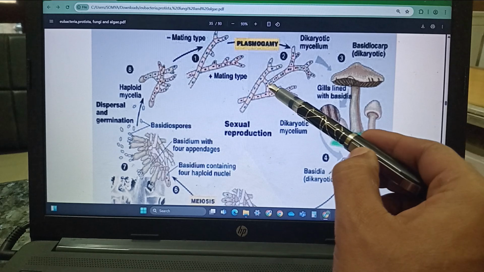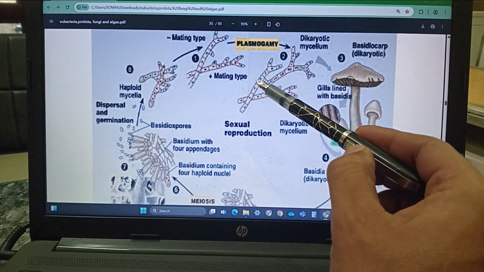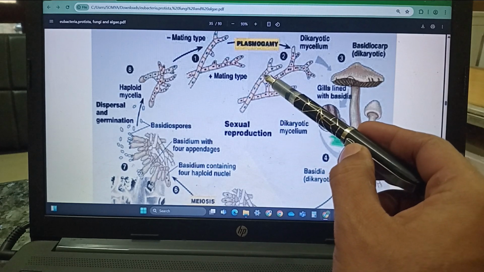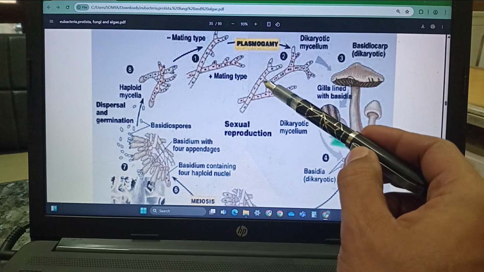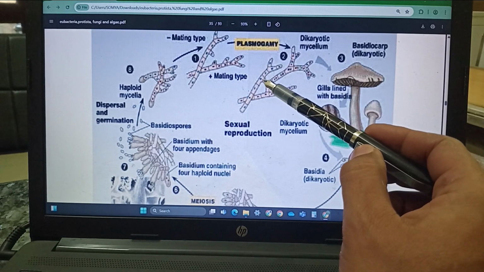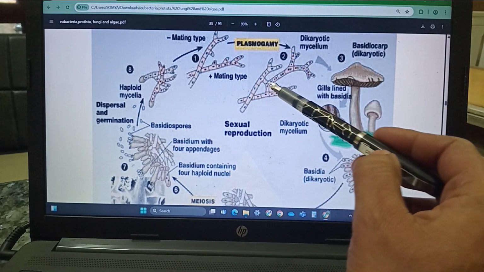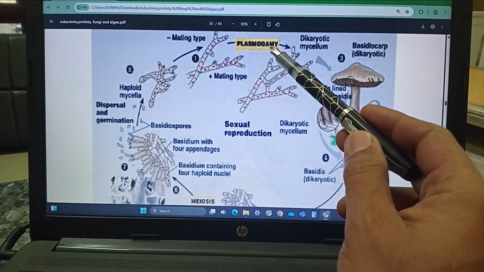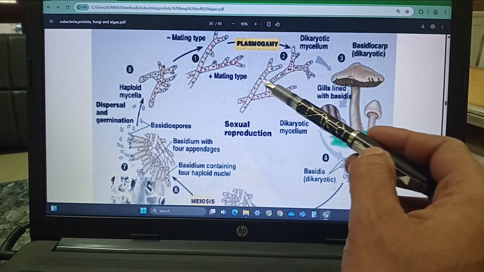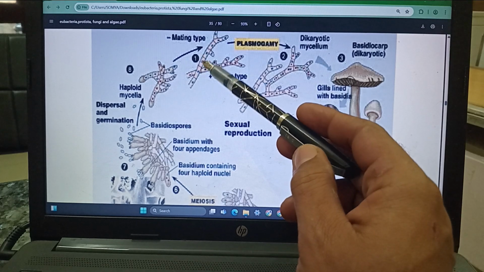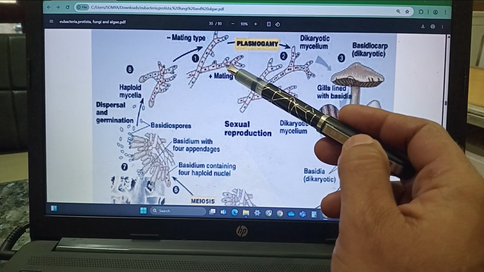This can be between two hyphae, and this is called somatogamy. This fusion of the protoplasm is called plasmogamy. Here this plasmogamy is occurring by the process of somatogamy, where the two hyphae are fusing with each other.